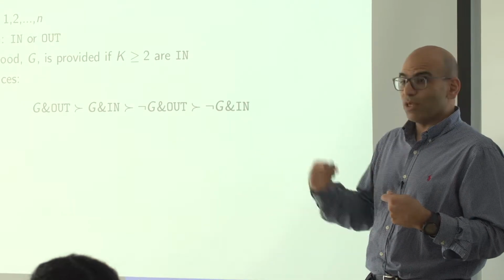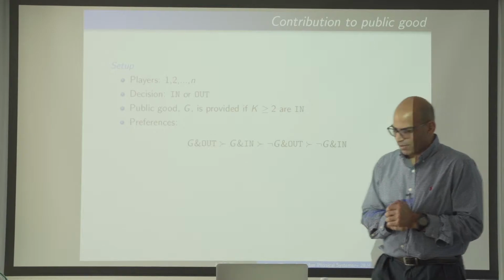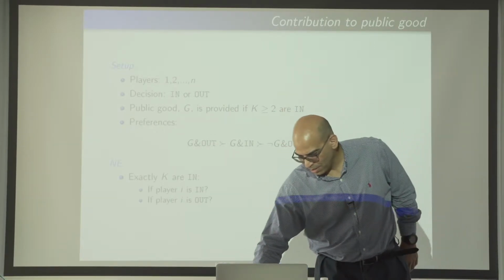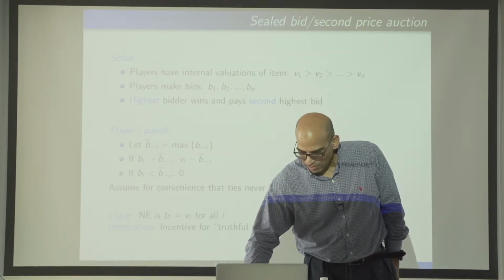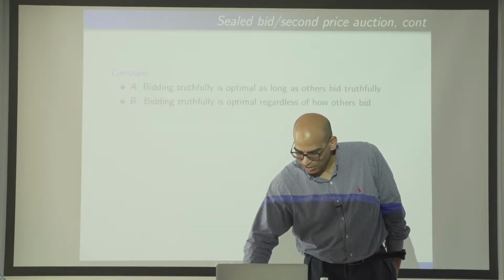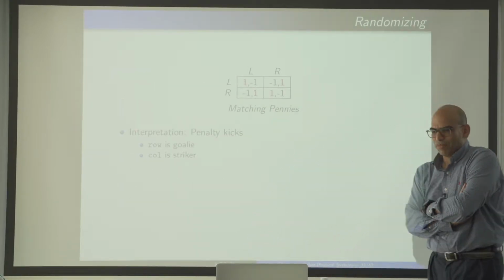Those that didn't pitch in, would you like to pitch in? And you can just do the analysis and find out that that's the Nash equilibrium, that exactly the right number pitch in. So I have here a variety of settings with a variety of Nash equilibria. For example, there's the sealed bid second price auction and the like. I'm just going to skip all of this stuff and let's go back to matching pennies.